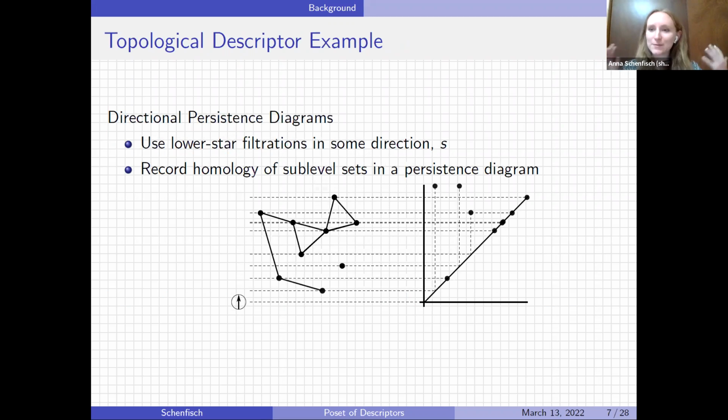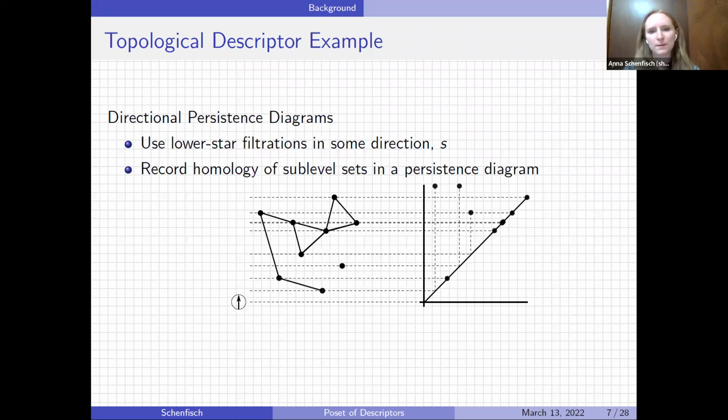The topological descriptor that is the favorite of today, and has been the favorite for many years, is the persistence diagram, right? Just a quick recap: we have an axis corresponding to birth events and an axis corresponding to death events, and we have this record of birth-death pairings. Throughout the filtration, we're recording the homology of these subcomplexes.